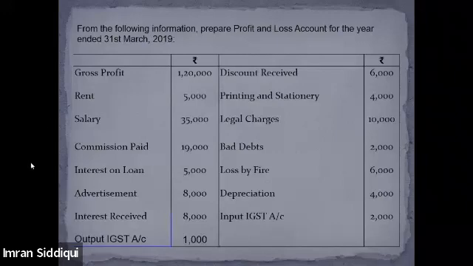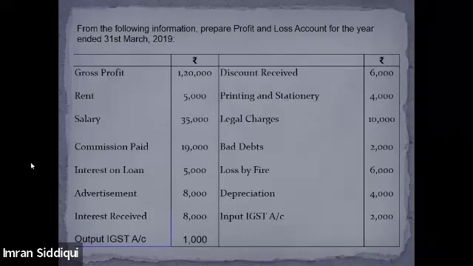Yeah, that's right. Only those two items. But just a minute. Sir, I think I missed interest received. Yes, you must add interest received. We need to write interest received on the credit side as well. So the total of the credit side should be 1,34,000.